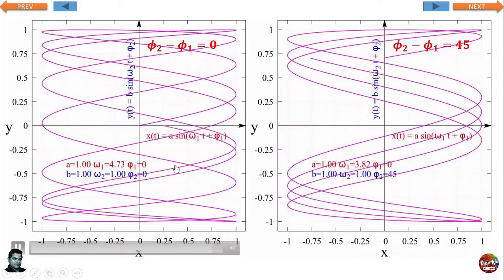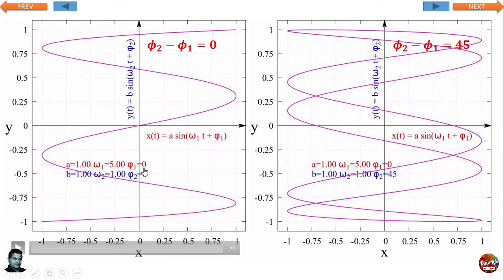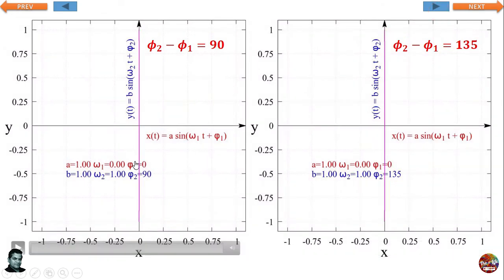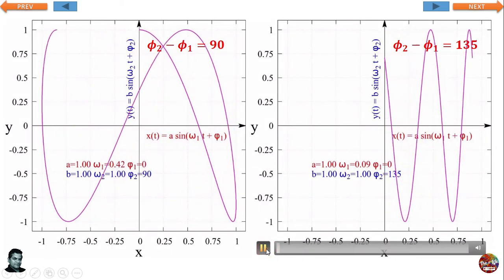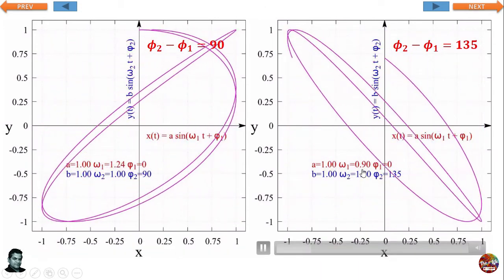So next, here we have shown if we fix the phase difference to be 0, pi by 4, next we have pi by 2 and 3 pi by 4. So here are the Lissajous figures as the angular frequency is changing.